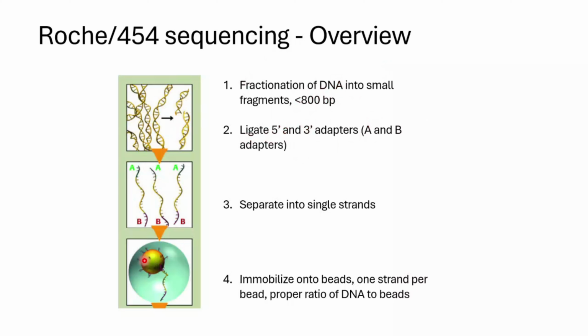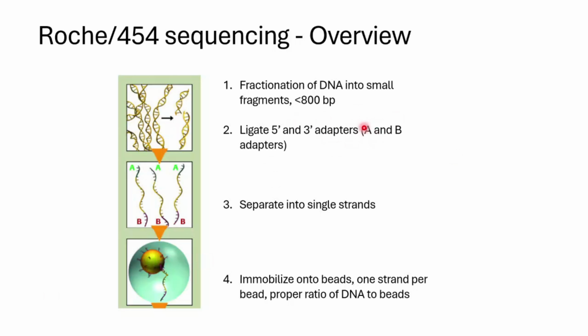So this little piece of magnetic bead that will have the opposite sequence. So if, for example, you have an A adapter, then you have the complementary sequence for the A adapter to bind.